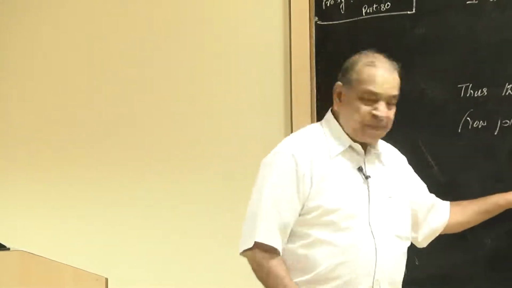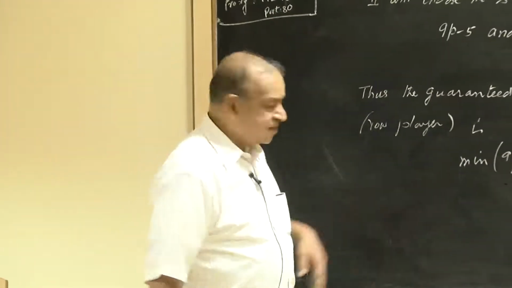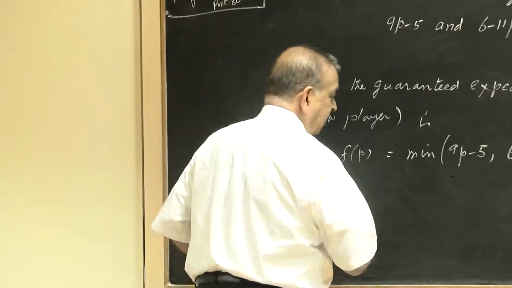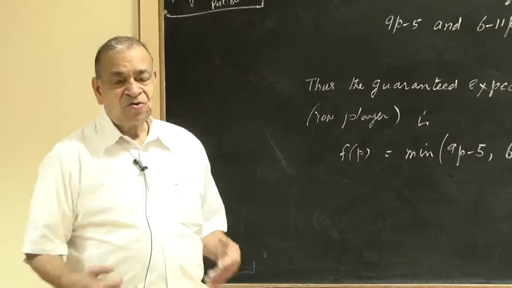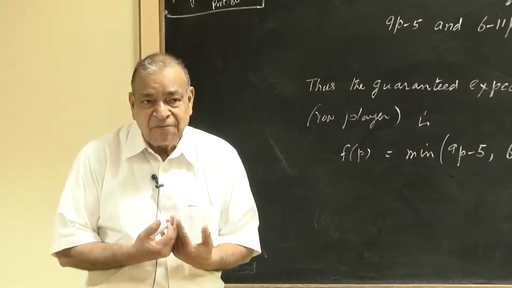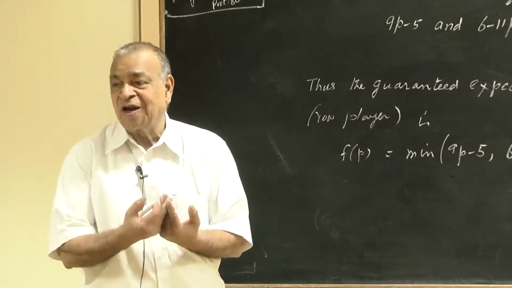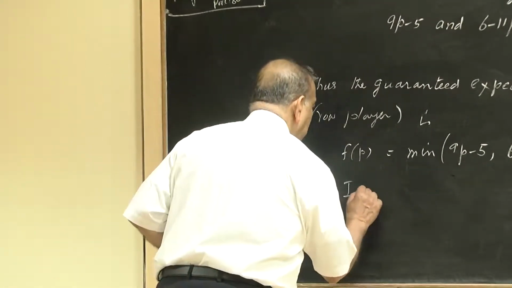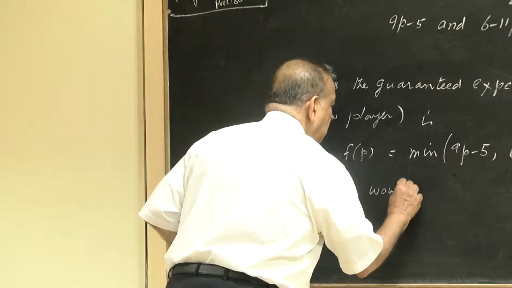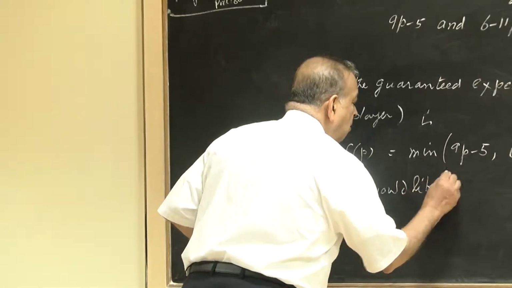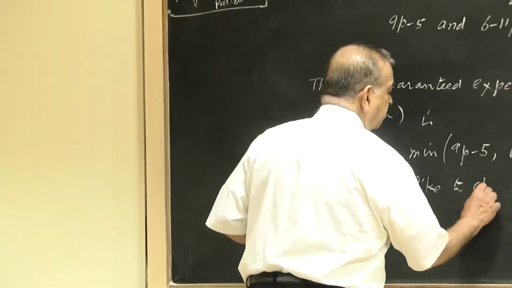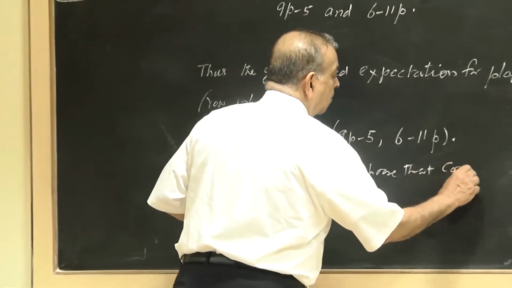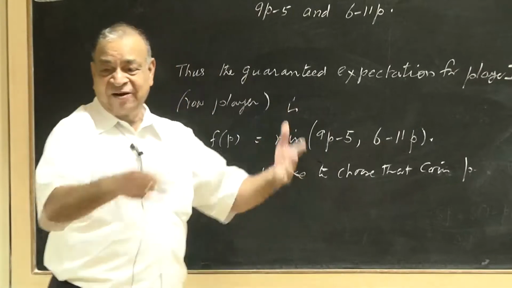This is a function of P, so call it F(P). So your aim is to get the maximum possible value for F(P). Agree? So one would like to choose that coin P. You can identify the coin with the value of P, okay?